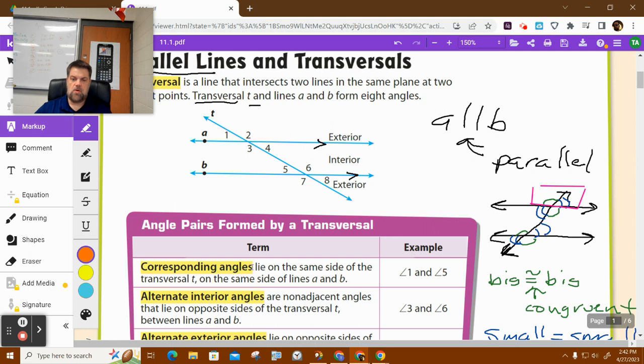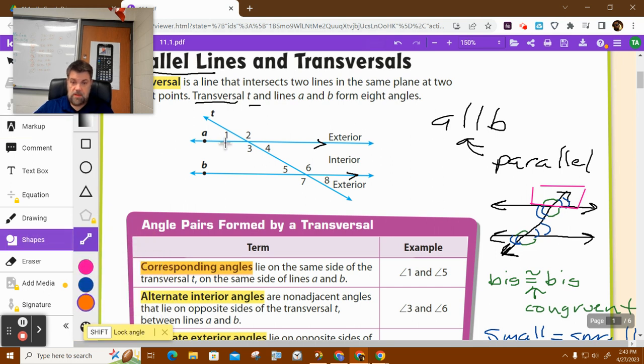So corresponding angles lie on the same side of the transversal T and on the same side of lines A and B. So angle 1 and angle 5 are corresponding angles.